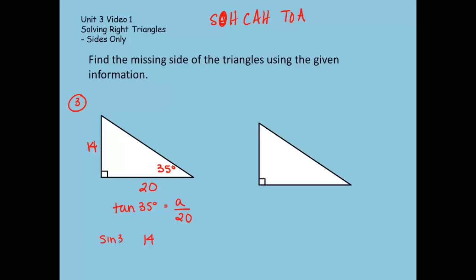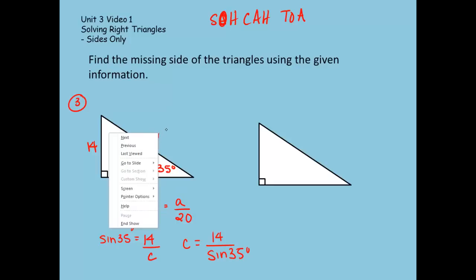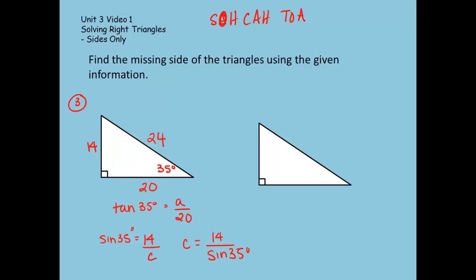So I have sine of 35 degrees will equal 14 over my hypotenuse. Now to do this, I'm going to have to switch these two, which is completely acceptable. So C actually equals 14 divided by the sine of 35 degrees. 14 divided by the sine of 35, and I get 24.4. So I'm rounding this to the whole number, so it's 24.